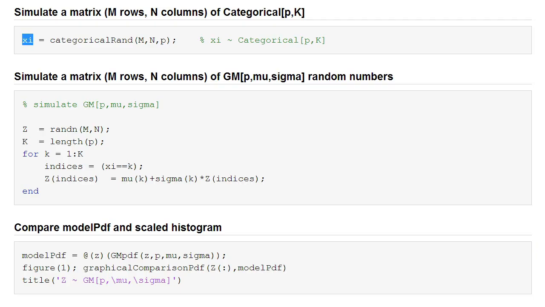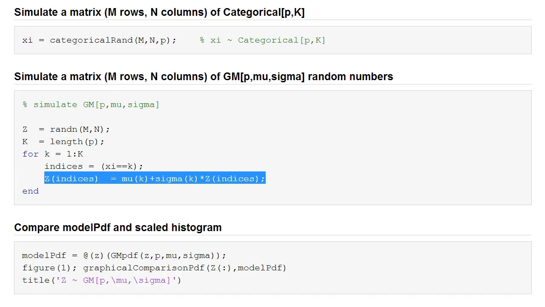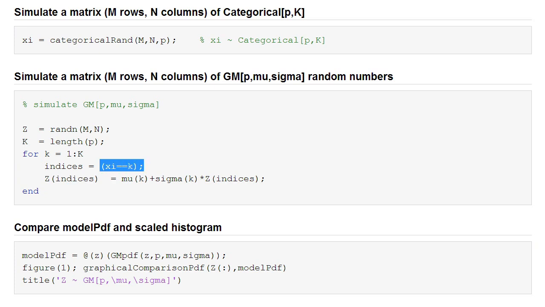So xi, in this case, will have values 1 corresponding to component 1, 2 to component 2, and 3 to component 3. To generate random numbers from the Gaussian mixture, we're going to generate random numbers from each of these components and then select with the vector of indices, which is defined here, the component that we are generating.